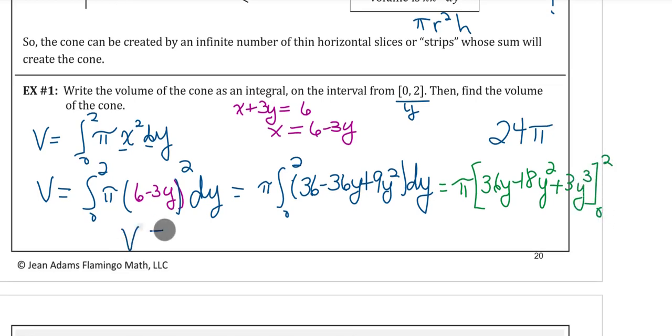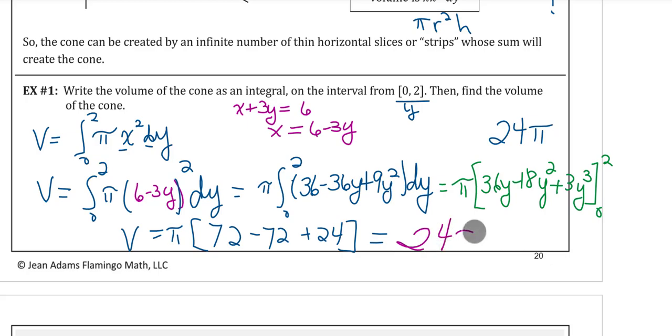So our volume becomes pi times 72 minus 72 plus 24, and we get the answer we were looking for, which is 24 pi.